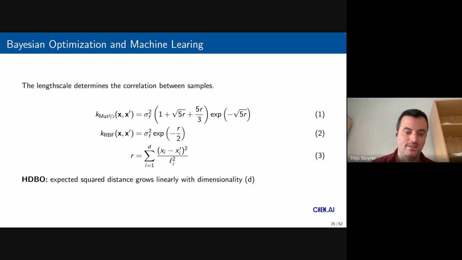There is a dependency on this Li, and this L is the length scale of our Gaussian process. Typically these Lis are fitted for every dimension, but you need to set an initial value in the beginning.